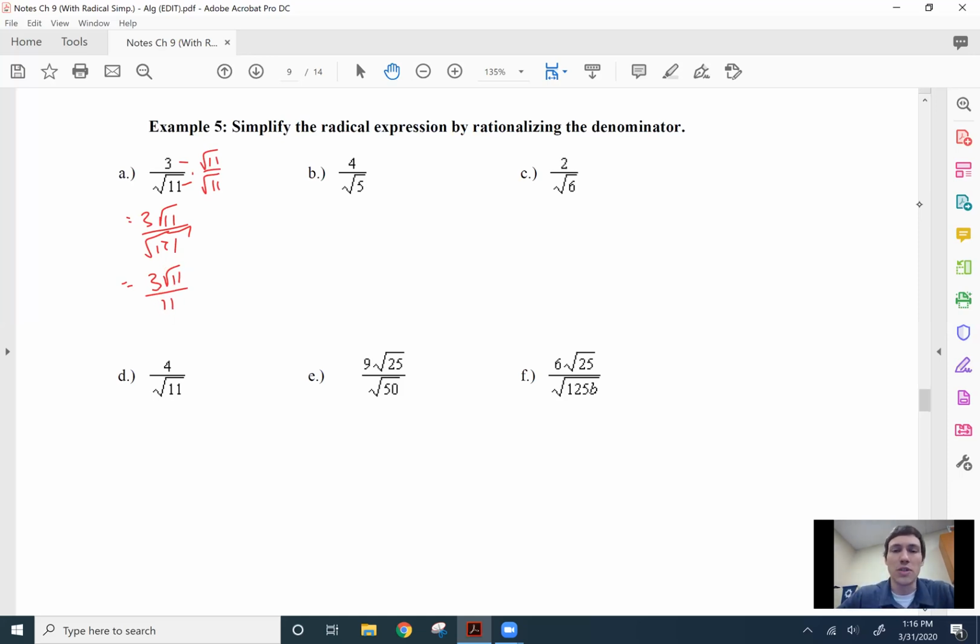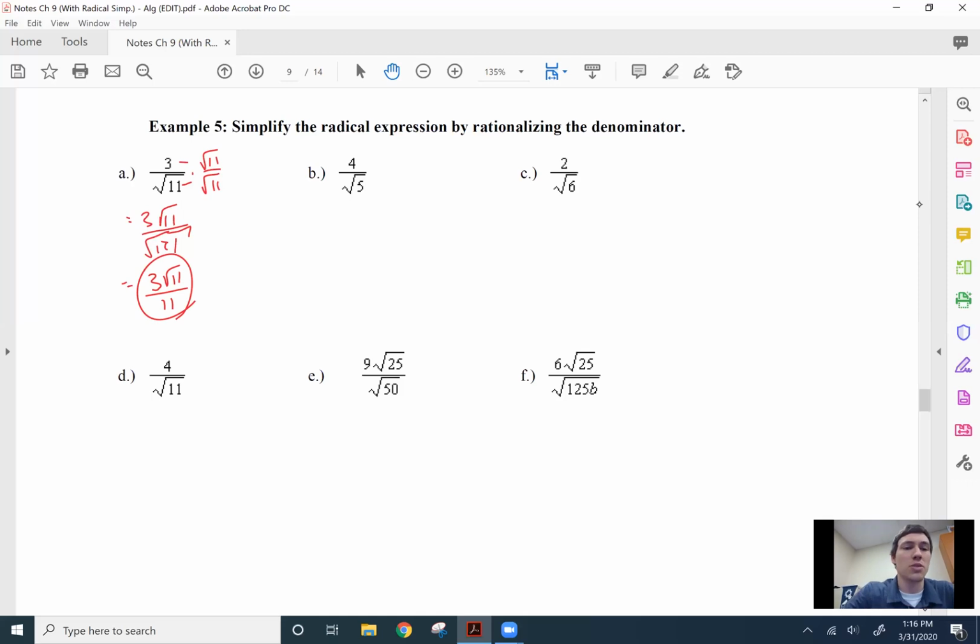It's kind of like, would you rather have square root of $25 or $25? They're two different things. Square root of 25 is 5, whereas 25 is just 25. So yes, I'd rather have $25 than square root of $25. Anyways, that's why you can't simplify this any further, because 3 is not divisible by 11. So that is my answer.